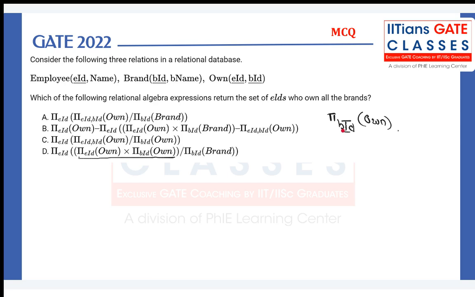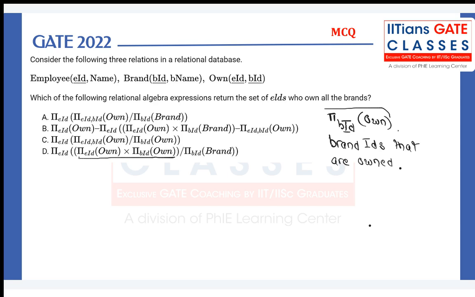That's okay. See, that's what I know, right? It displays the BID column from the own table. What exactly is the information that you're trying to get? Can I say it will give you the brand IDs that are owned? Is this correct? Everyone? Brand IDs that are owned? Okay. So this is the hint.